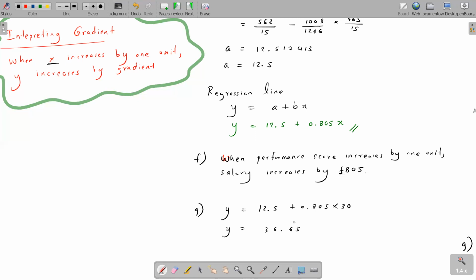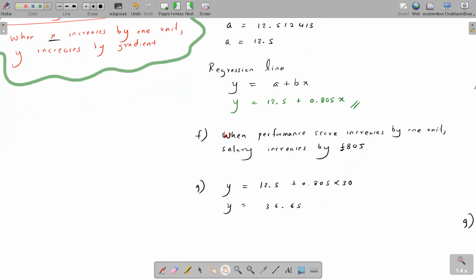36.65, exactly. And then is this the salary? Actually, is this the salary? No, salary is into 1000. So salary is 36,650. Do they say any significant figures in the question?